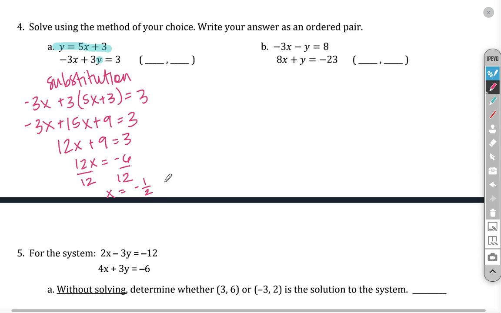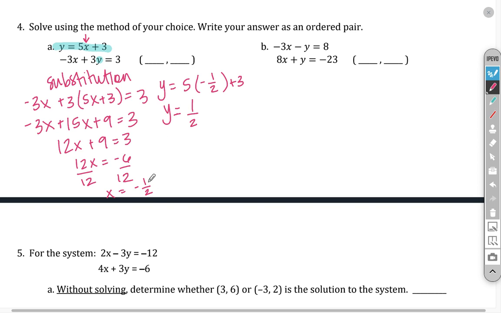All right, so now that I've got my value for x, I can plug that in and solve for y. So now I've got y equals 5 times negative 1/2 plus 3. Then I get y equals 5 times negative 1/2 plus 3 is going to give us 1/2, right?